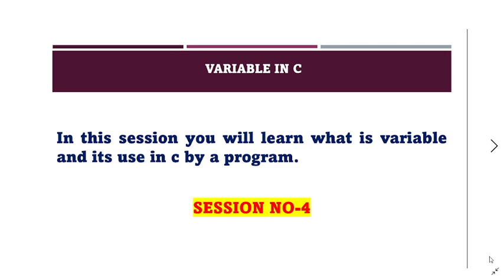Variable can be of various types, like int variable which holds integer value. Character variable will hold character value like A, B, C, D. Similarly, float variable can hold numeric values with decimal places.